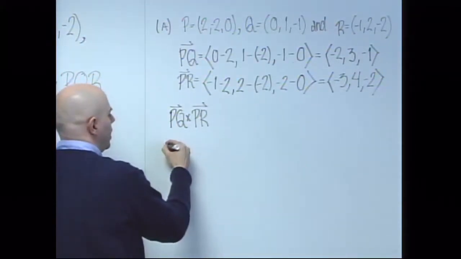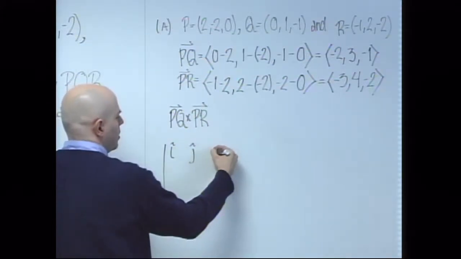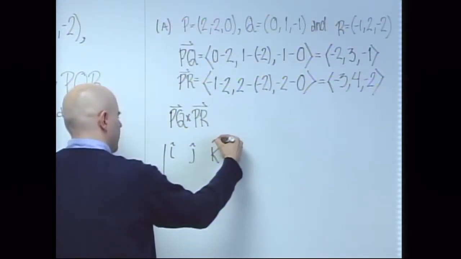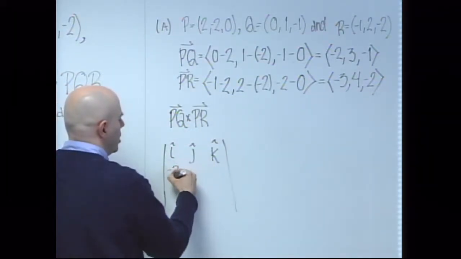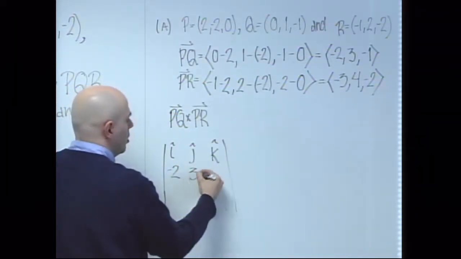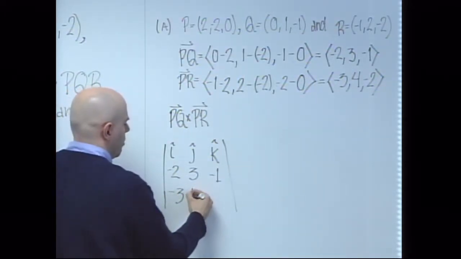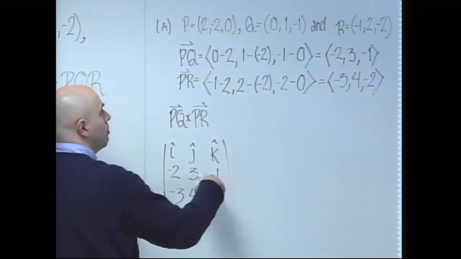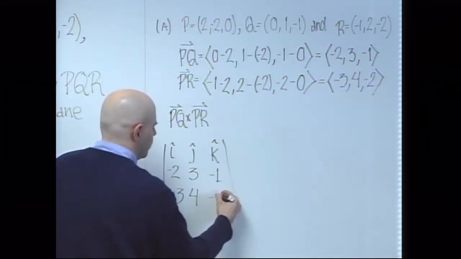Once you get confident with the cross product, you will not need to do this step. So this is the determinant, and remember this is a good way to recall how to compute this cross product. We put the components of the first vector here and the components of the second vector here.